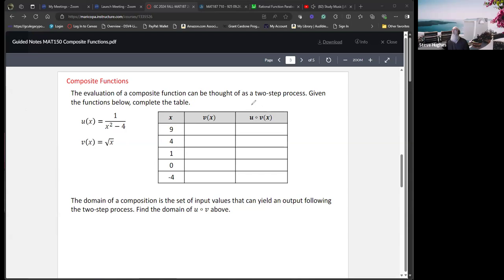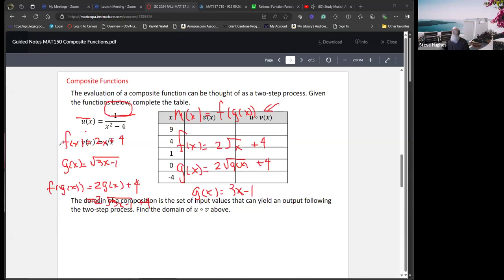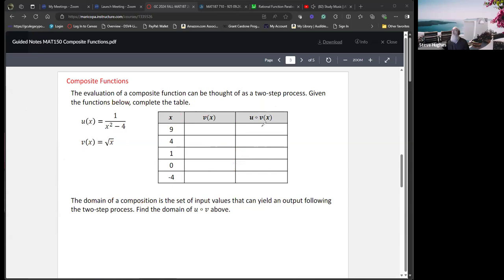And this right here is u of v, whoops, not f. Right? This is u of v of x.